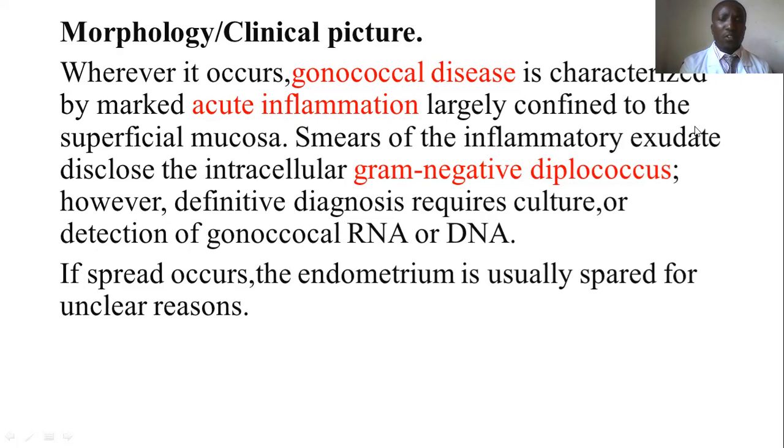What does an exudate mean? An exudate is a fluid that is produced or released by tissues that are undergoing damage or that have been infected. Of course, when there's an infection, expect damage within that tissue. So, for example, you have seen burns.